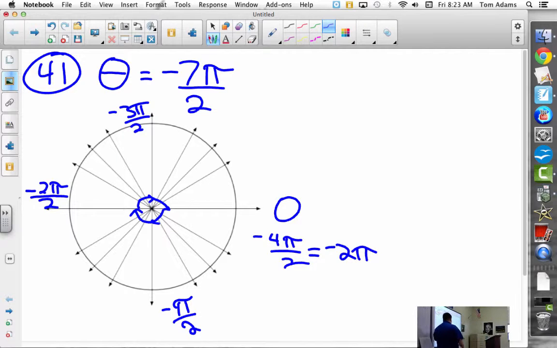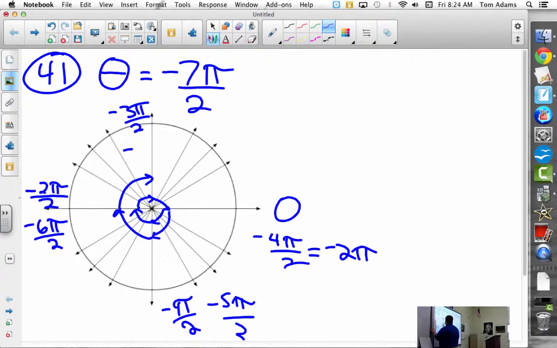So I'm counting correctly. So now I'm going to keep on going. So now this would be negative 5 pi over 2, and then I'm going to go again, and this would be negative 6 pi over 2, right? And then right back up here, if I go one more time, I've got negative 7 pi over 2.